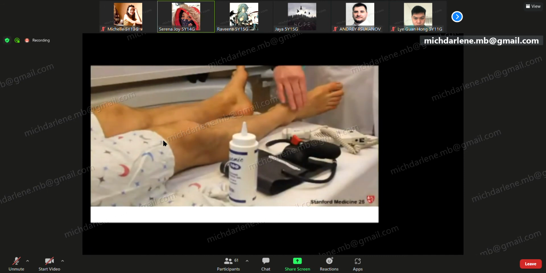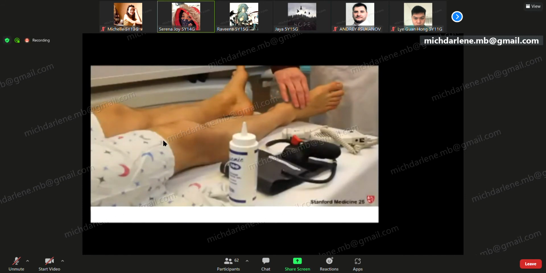Now, there are two vessels that we're interested in measuring the ankle brachial index.